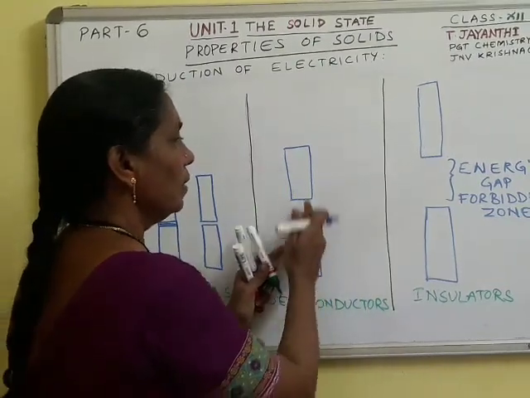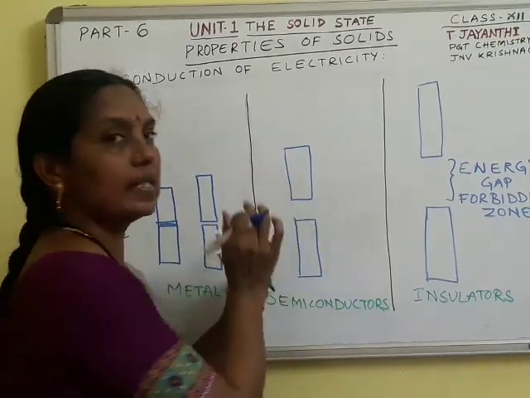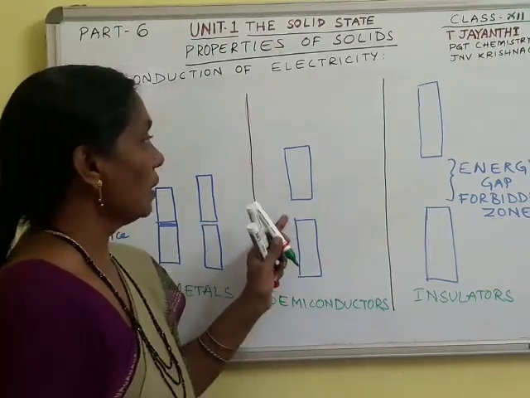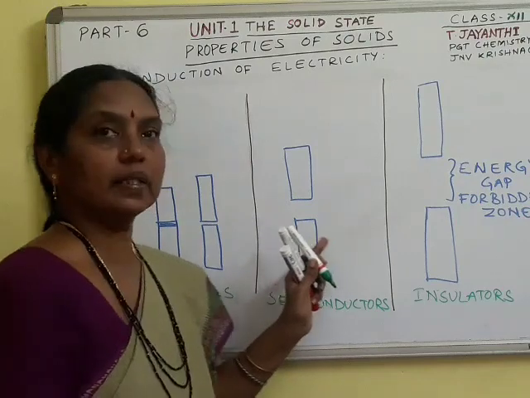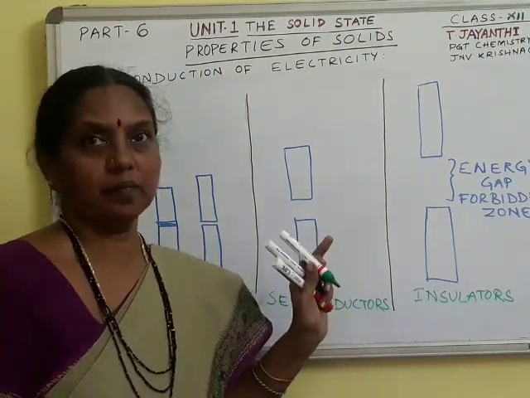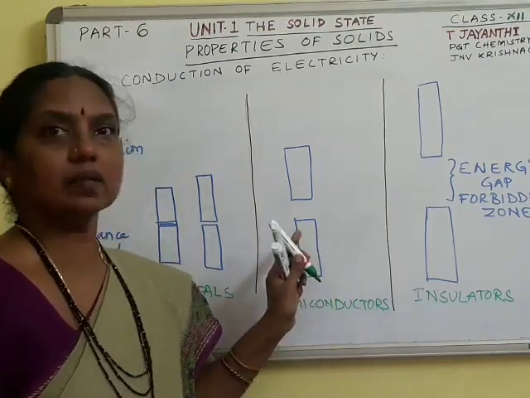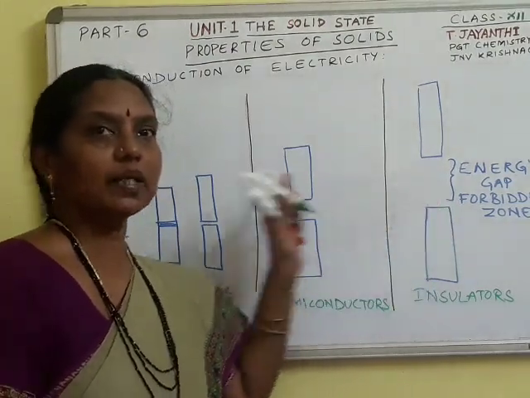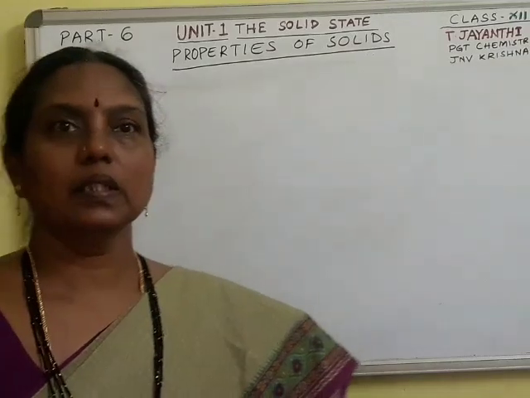Because the energy gap is less, they can allow the electricity to pass through them, though they are poor conductors of electricity. So in semiconductors, the energy gap is in between that of the insulators and the conductors.